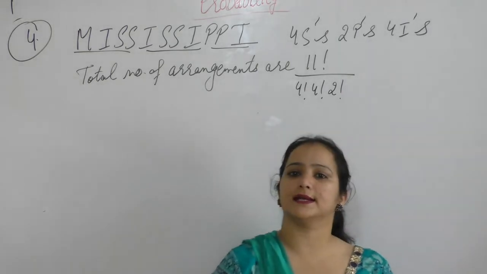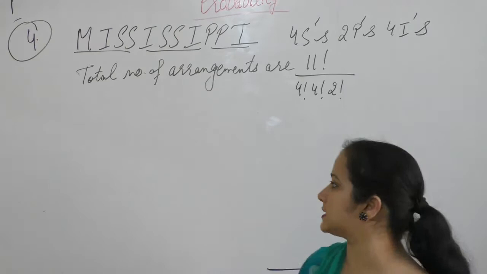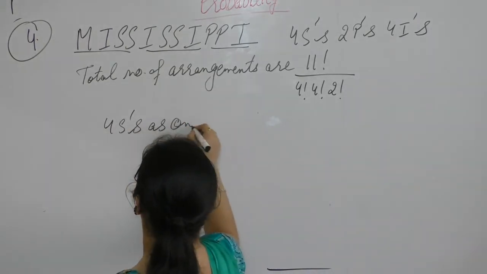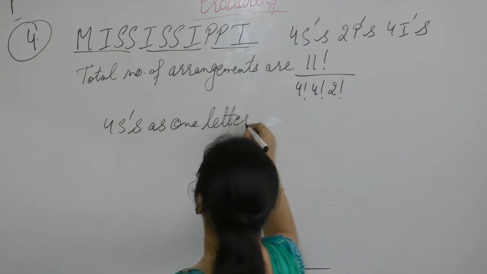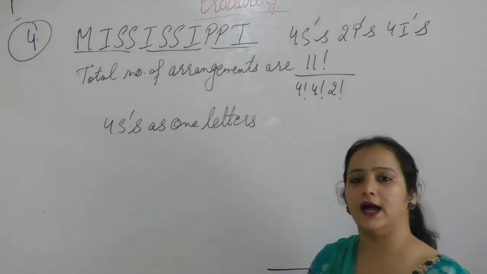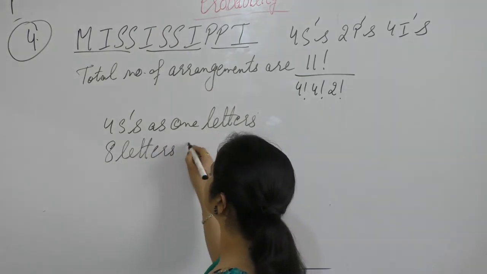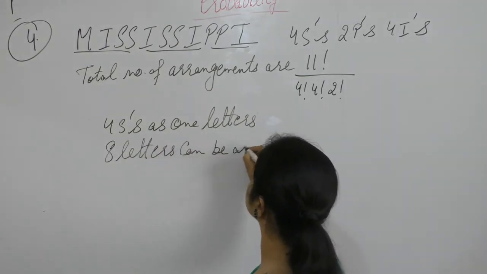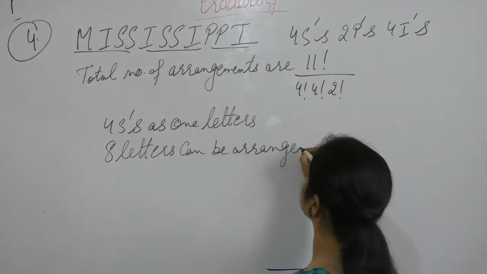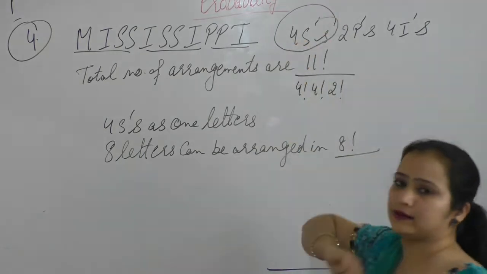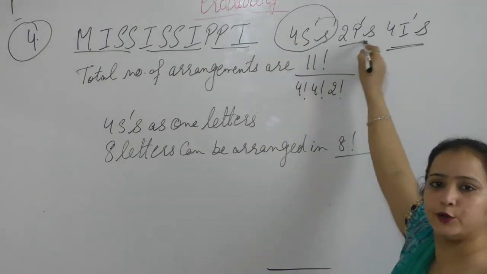Now if we consider all the 4 S as one letter, then the letters are 8, and now 8 letters can be arranged in 8 factorial, 4 S as one letter, but there are 4 I's and 2 P's.